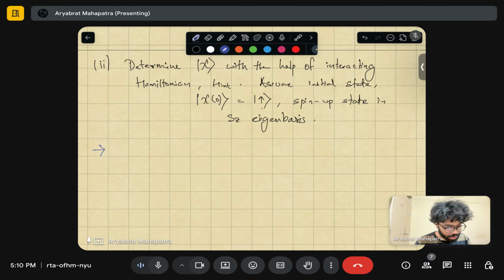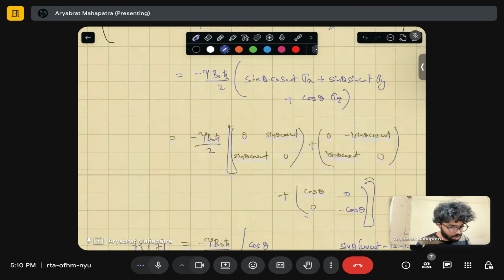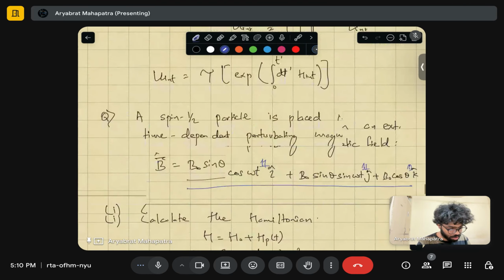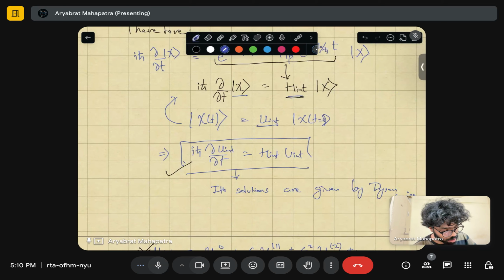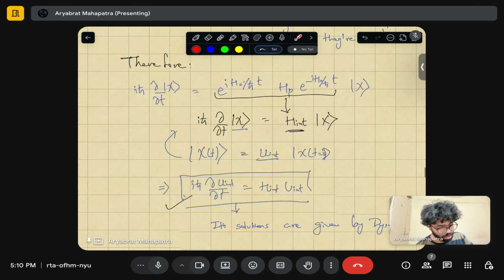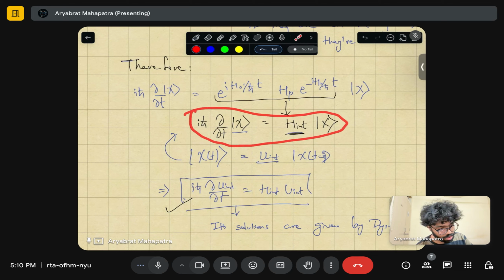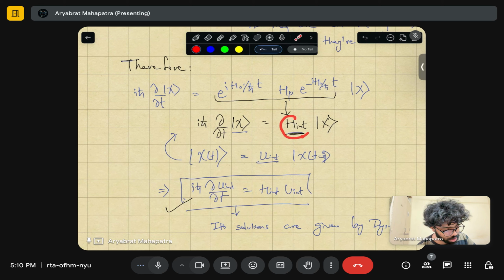For chi, as I said, you remember, to determine chi we have to solve this equation, where this H is given by this Hamiltonian.